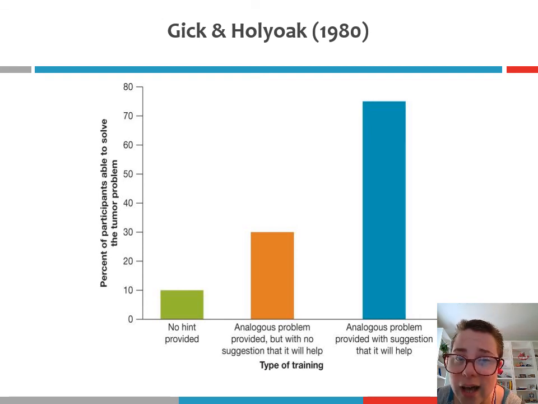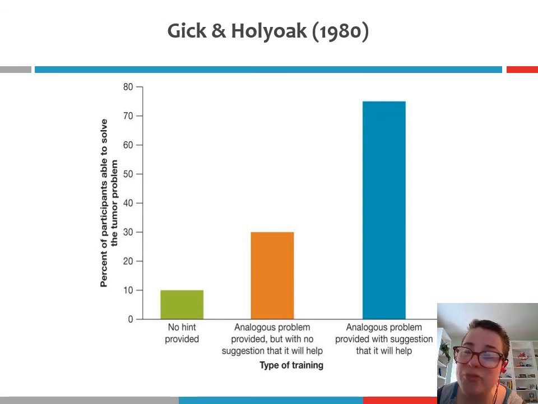And we got a little over 70% of participants to generate the correct solution when the fortress problem was provided with the explicit instruction that they could apply the same solution to the radiation problem.